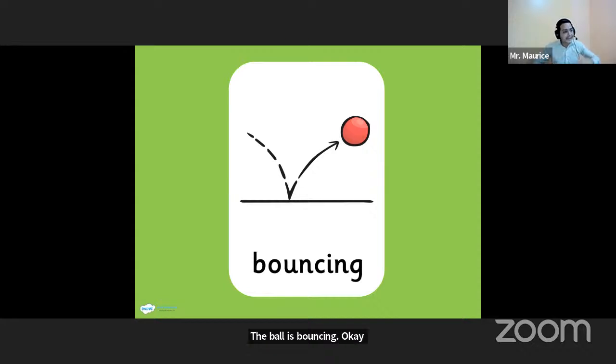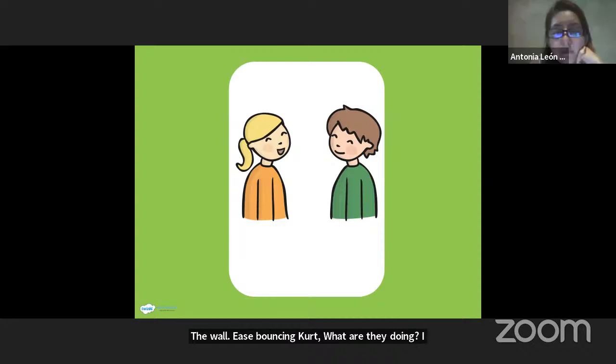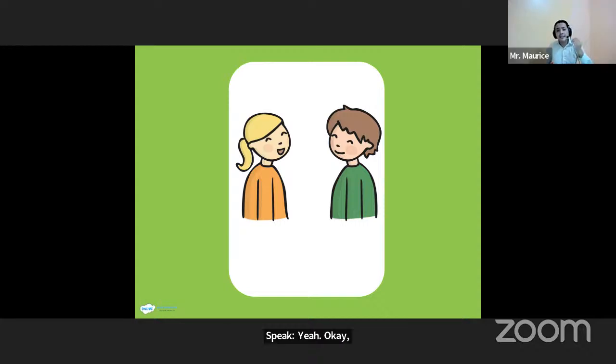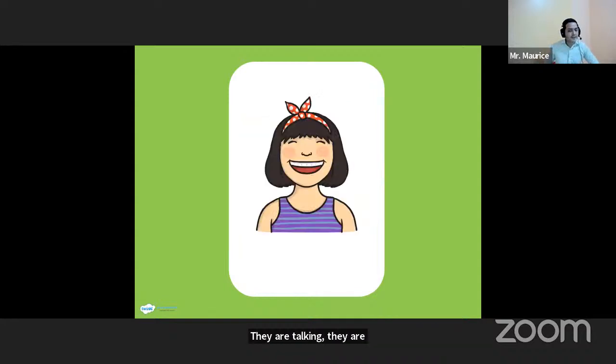Ok, la pelota está rebotando. Correct. What are they doing? Okay, you say they are speaking. Ellos están hablando. Or we can use another verb that is talking. They are talking. What is she doing?